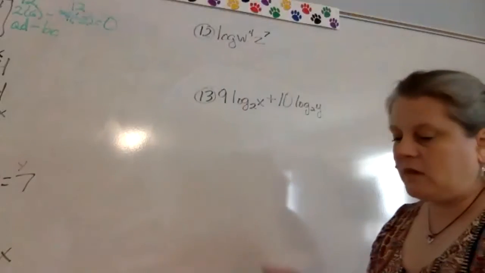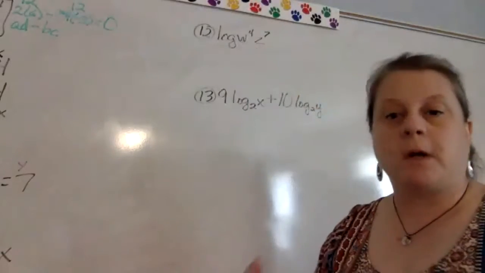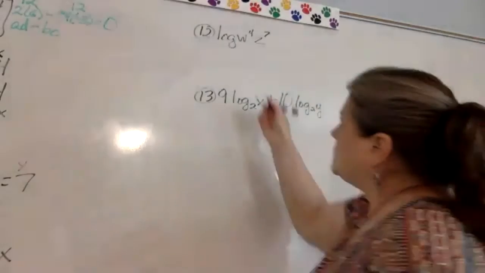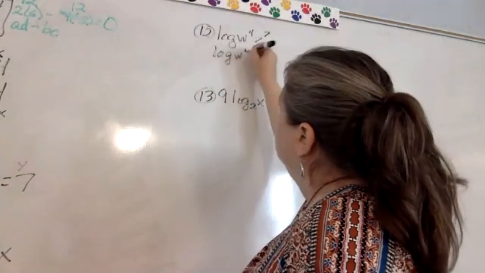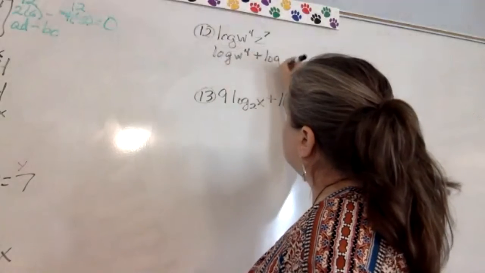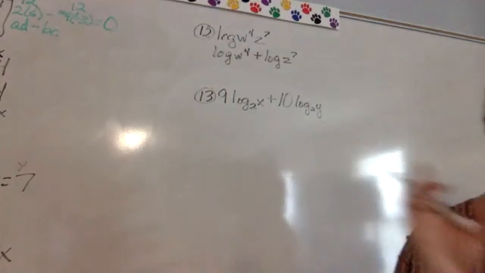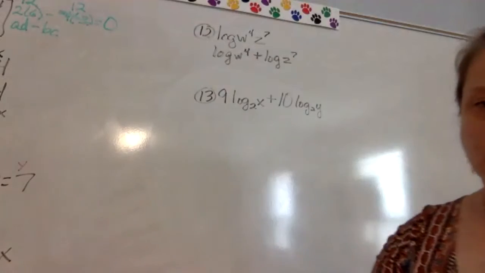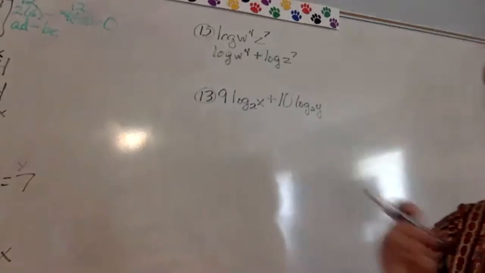So when this one, we have two things next to each other, so it's multiplication. So we're going to start off, we're going to have log w to the 4th plus log z to the 7th. We just separate it into the two separate parts. To expand when it's multiplication, you change it into addition.